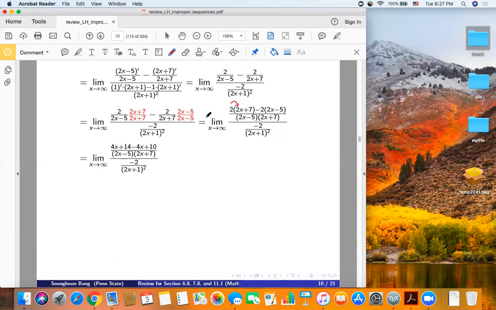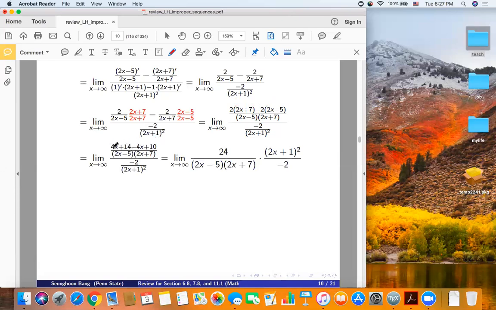Distribute: 2 times 2x is 4x, 2 times 7 is 14. Negative 2 times 2x is minus 4x. Negative 2 times minus 5 is positive 10. Over 2x minus 5 times 2x plus 7, over negative 2 over 2x plus 1 squared. Next, simplify.